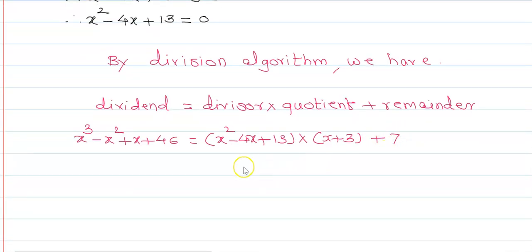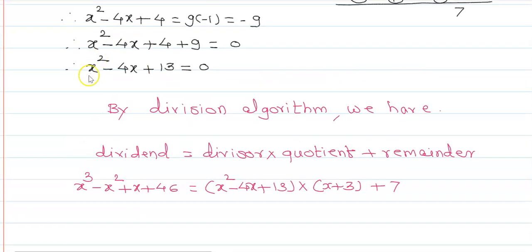Remainder is 7. Now the value of x square minus 4x plus 13 is 0. See this here. x square minus 4x plus 13 is 0.